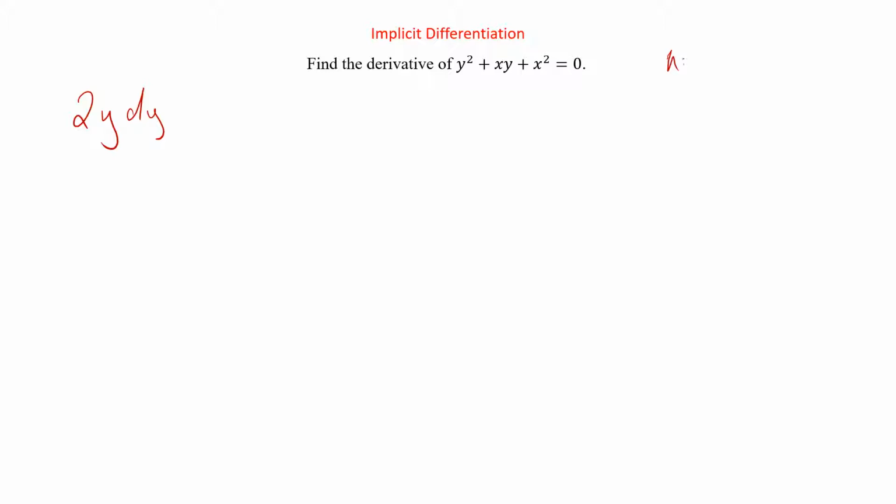So we could have u equals x, v equals y. So du equals dx, dv equals dy. And we can product rule this. So we have y dx plus x dy.